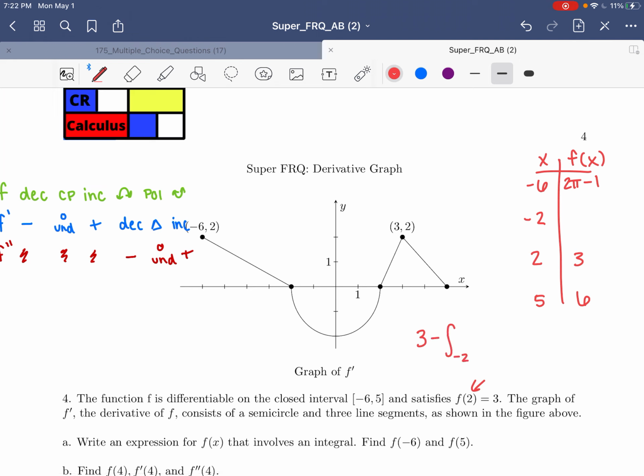So 3 minus the integral from -2 to +2 of f prime of x dx. So from -2 to +2 was just this half. So it's going to be 3 minus pi 2 squared over 2, which will really just equal 3 minus 2 pi.